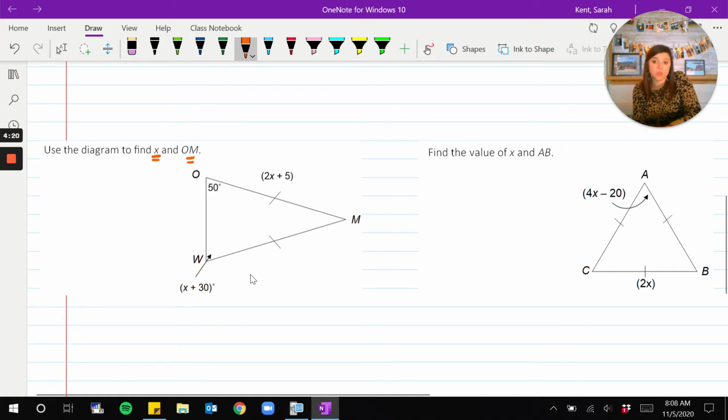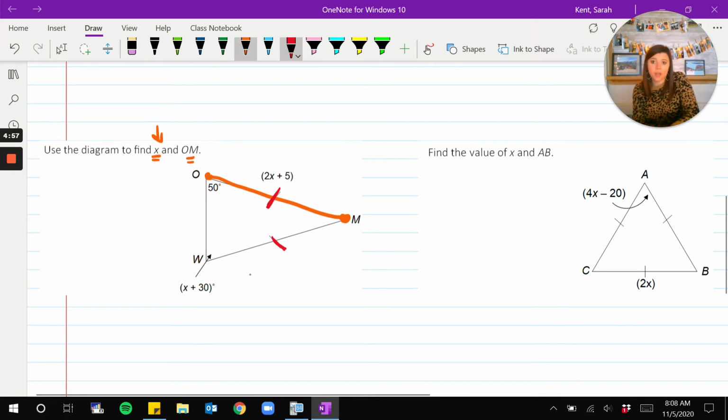And since we have two letters, we're looking for a side here, O all the way down to M. So first though, we need to find X. So if we look so far, we know O to M is 2X plus 5. And then we've got our tick mark. So that means that this side, OM, is equal to the other side where the other mark is, WM. But there is nothing on WM. So we're not going to start with these sides.